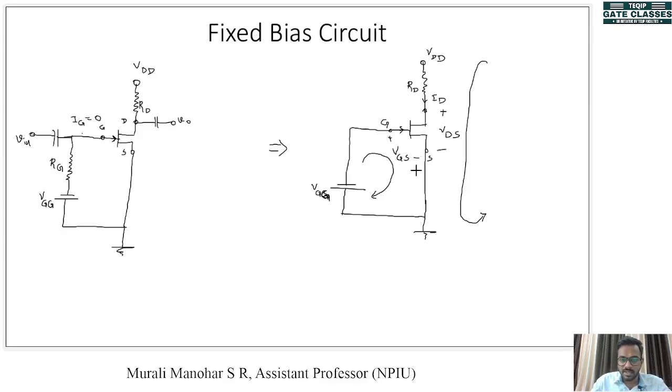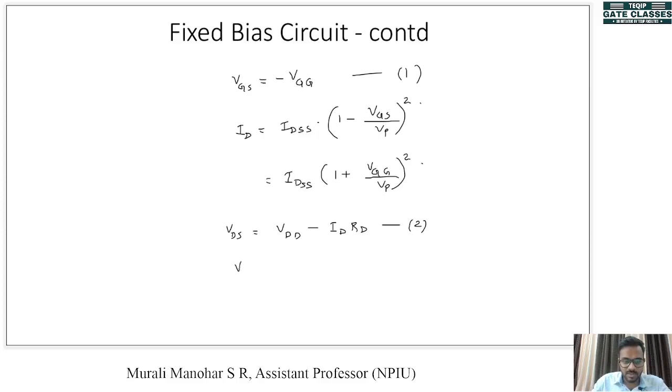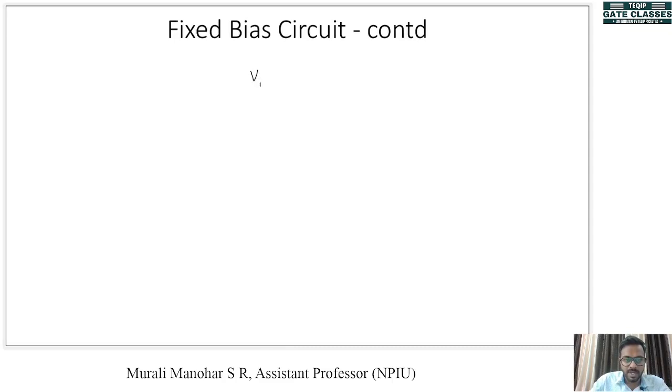Now we know that this source is connected to ground, so Vs is equal to 0. If Vs is equal to 0, we know that VDS equal to VD minus Vs, so VDS will be equal to VD. So now we can find out the value of VD. VD will be given by VDD minus IDRD.